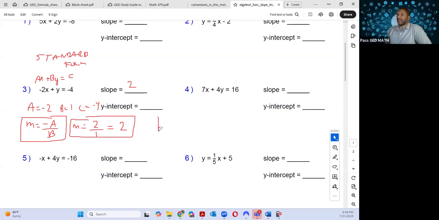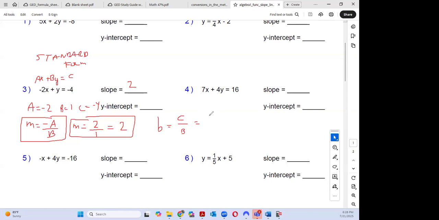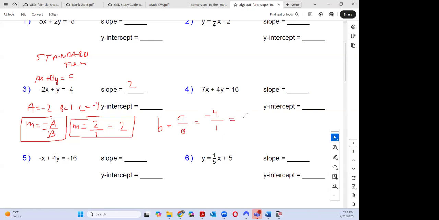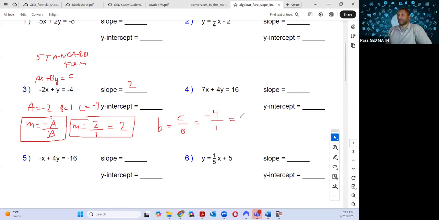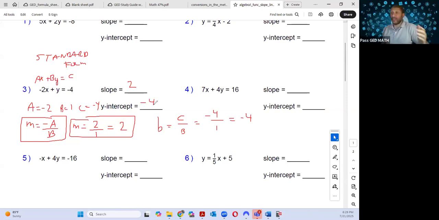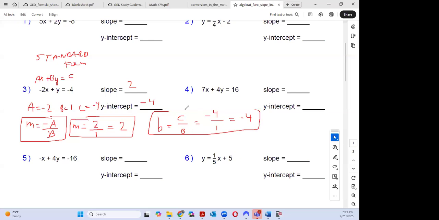To find the y-intercept is C over B. What's C? -4 over 1. -4 over 1 reduces to what? Not 4. -4 over 1 reduces to what? -4. Okay.